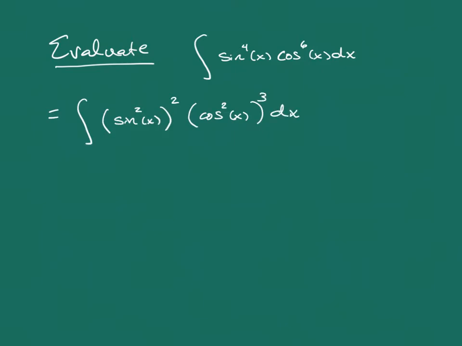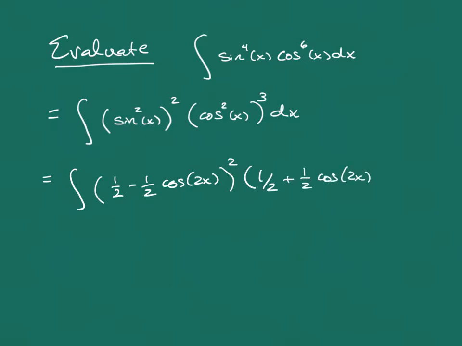Now we can apply our power reduction formula. We get a 1/2 minus 1/2 cosine of 2x squared and a 1/2 plus 1/2 cosine of 2x cubed dx.